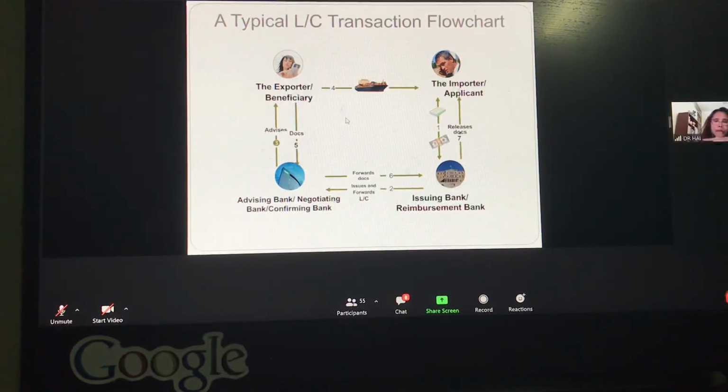if you were the importer and your issuing bank said the documents are non-CP, what would be your decision? Imagine you were the importer.